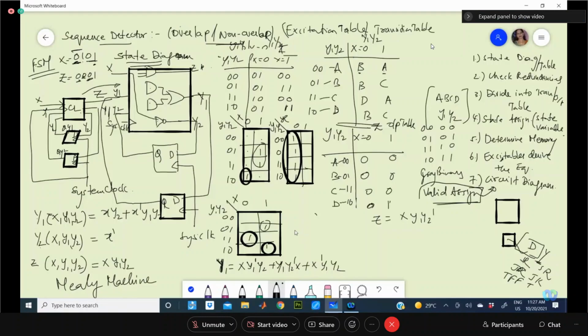Okay. And this is your equation. Now maybe with reshuffling, this becomes x exclusive-OR of y1 y2. Okay, but still you have to check the complexity with this and this.